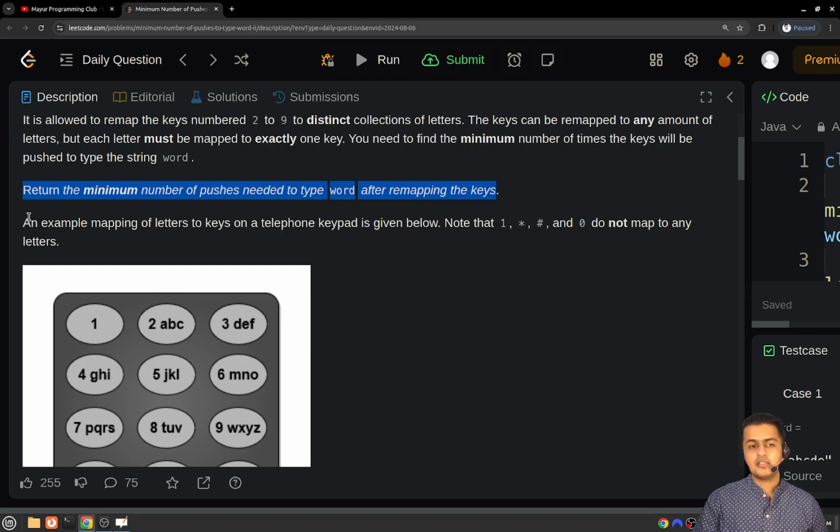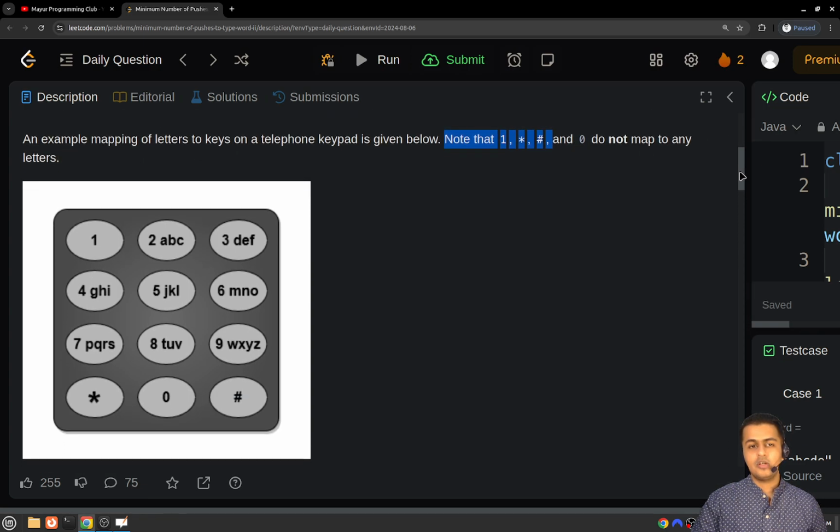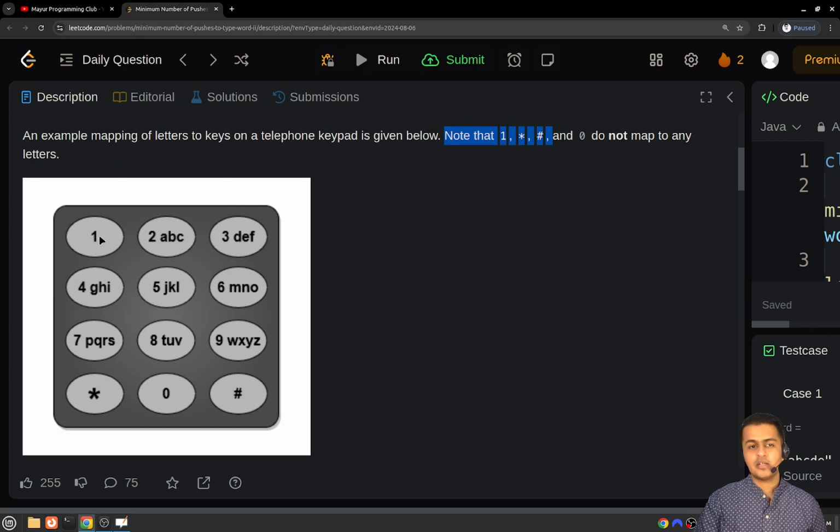An example of mapping of the characters on a telephone keypad is given below, and it is to be noted that the 1 key, star key, hash key and 0 do not map to any letters. So you will not map any letters to these: 1, then star, then 0 and then hash.